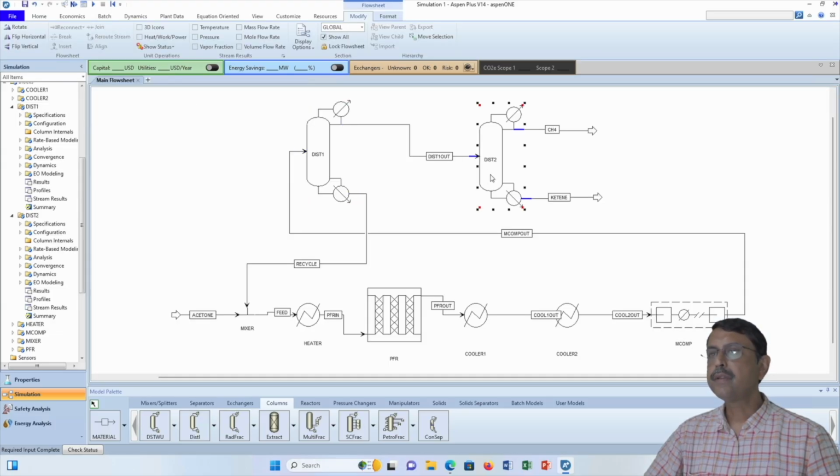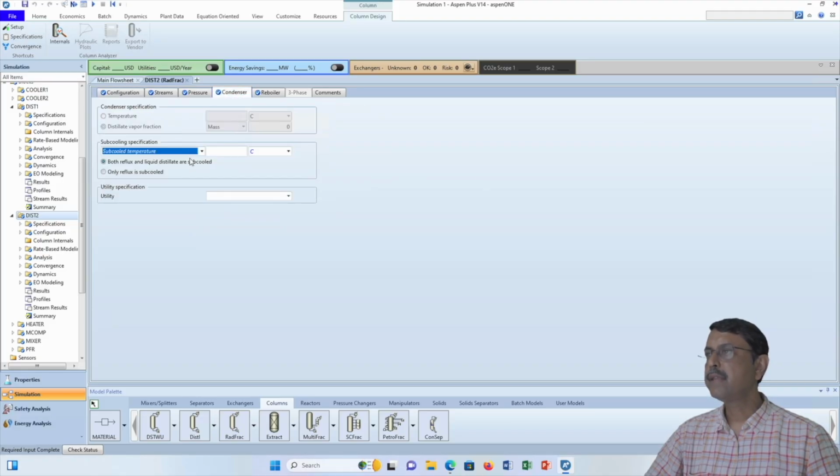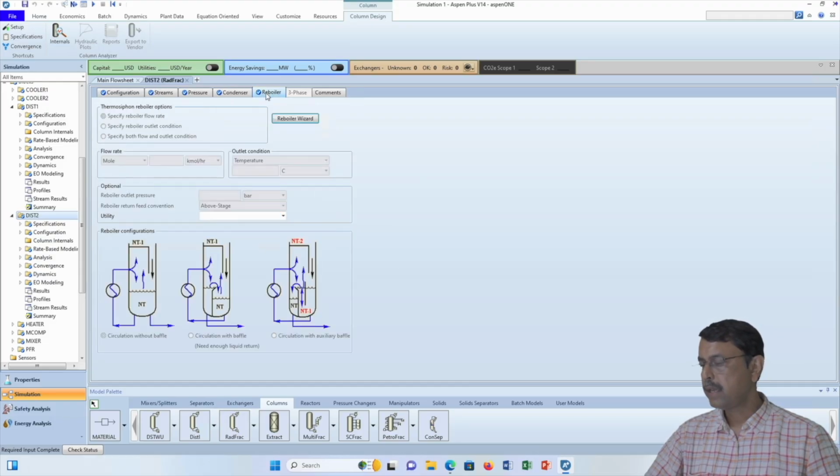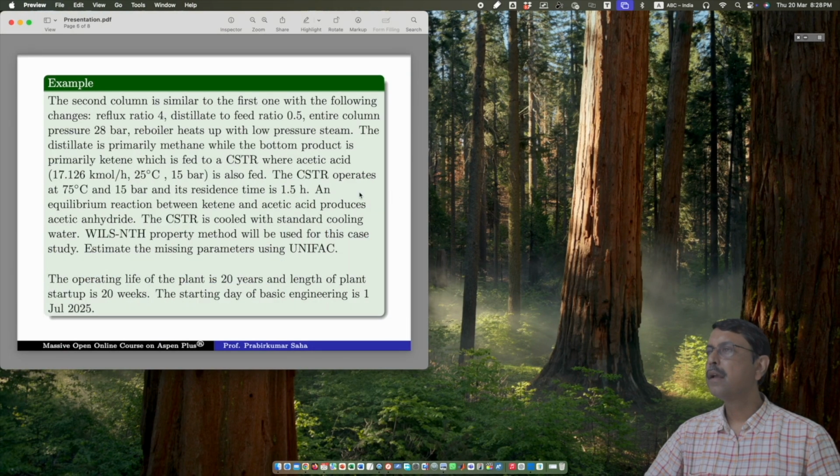In distillate 2, we have the same utility for the condenser, that is refrigerant 4, but in the reboiler case, they said that the reboiler heats up with low pressure steam for the second column, right?